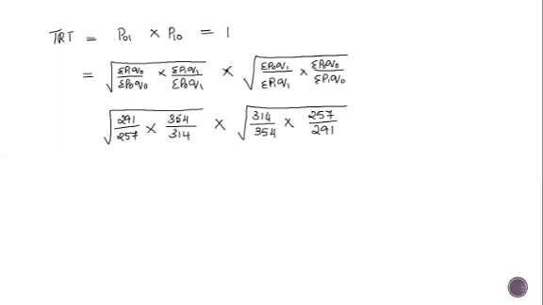So what you can do, as you have seen, it is a geometric mean. That means it is in the product form. You can easily cancel it.